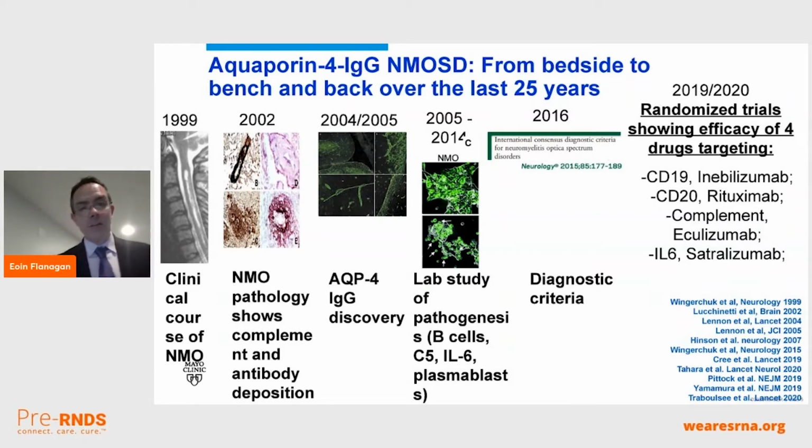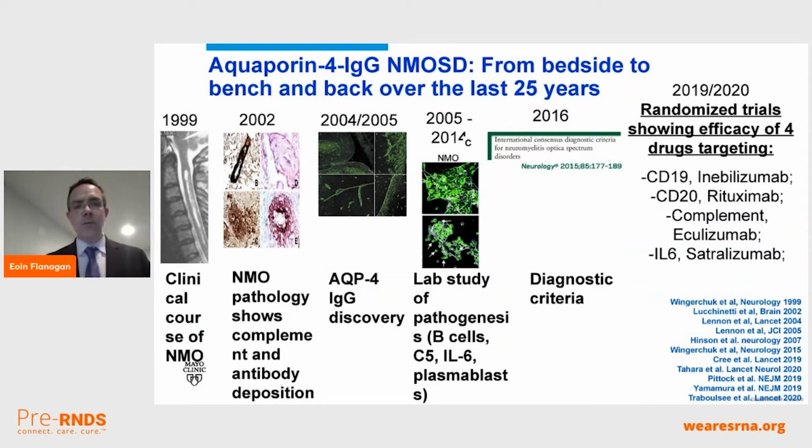Subsequently, pathology studies showed that when you looked at the brains or the spinal cords of these patients, we would see antibody deposited on the tissue. We also saw something called complement, which is a marker of the immune system. Both of those seem to be deposited quite regularly in this condition.